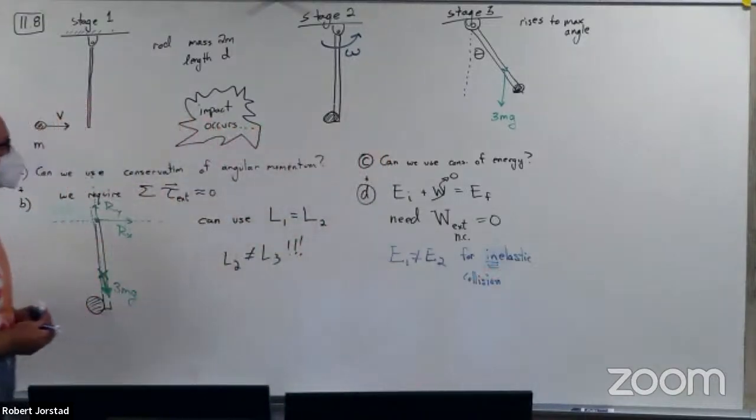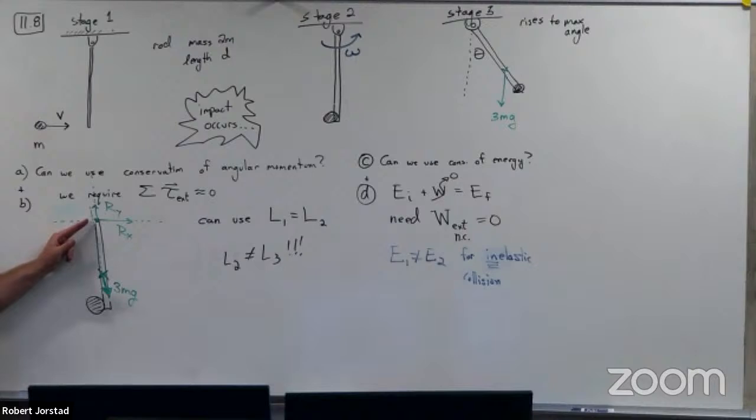What about E2 and E3? Is it okay to use conservation of energy between stages 2 and 3? What problem does that look like? The problem from lab last week, right? A pendulum with a point mass on it, swinging upwards, and we did it with energy. Now, we got to be careful here. I'm assuming there's negligible friction at the pivot. I'm assuming air resistance is negligible.